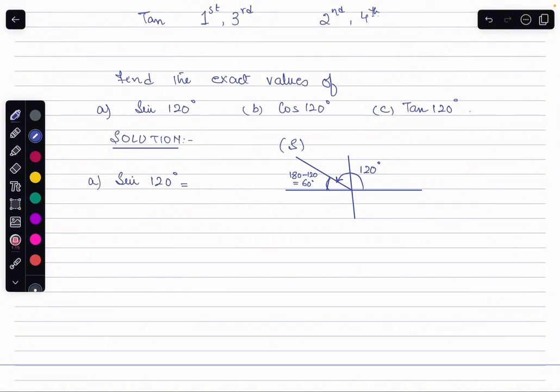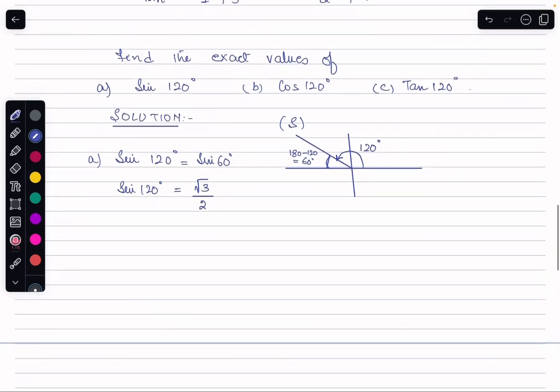Sine has to be positive in the second quadrant. Therefore, sine of 120 degrees, the general angle, shall be equal to sine of 60 degrees. And sine of 60 degrees, we have already discussed, is under root 3 by 2. Therefore, sine of 120 degrees is just under root 3 by 2.